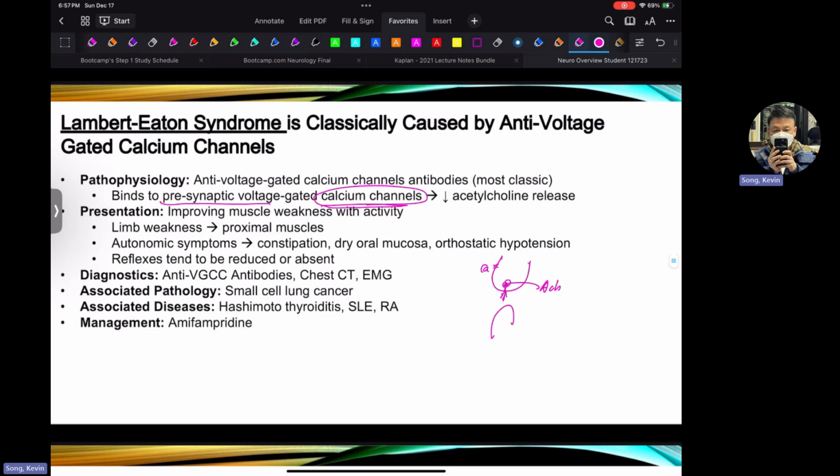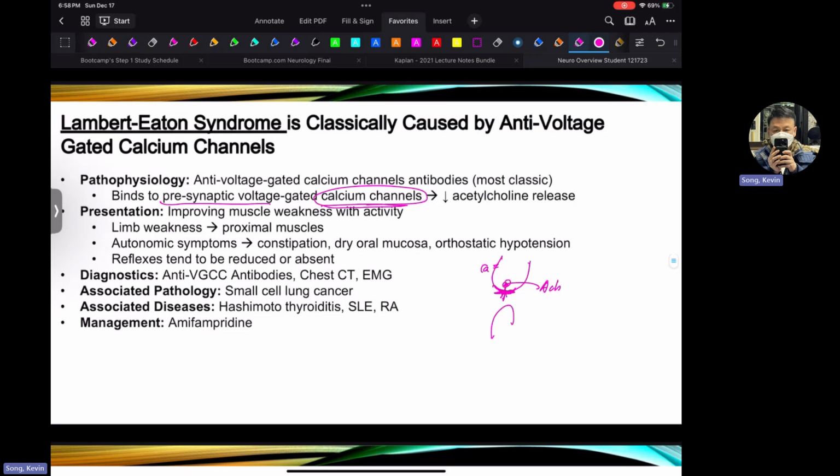But the calcium channel is blocked, so the calcium is not going to initiate the action potential to release the vesicle. I mean the calcium channel is not working, so no action potential occurs, and then no vesicle touches the membrane, and it cannot be released from the presynaptic neuron. Okay, so that's what this means, right?